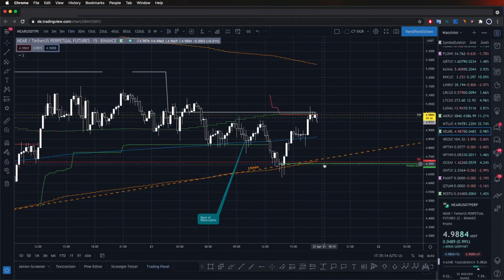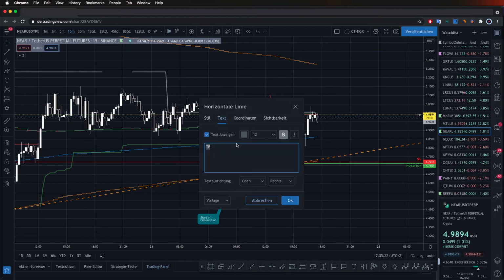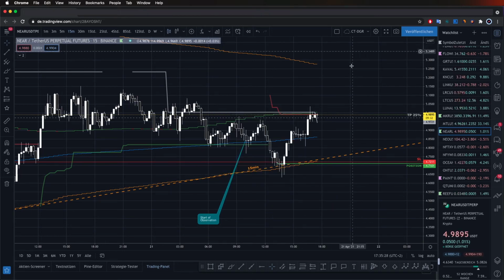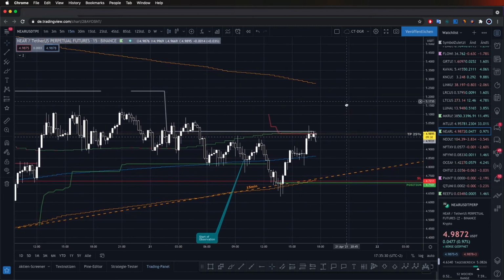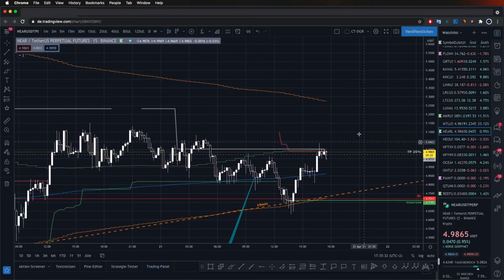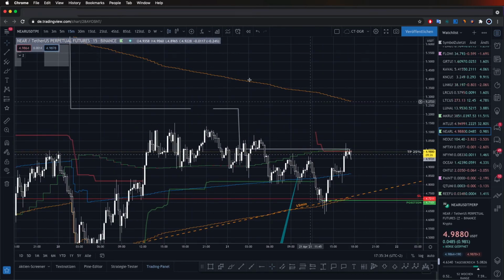Like explained before, this was a nice 55% gain. I took like 25% from my position at this point. Now my next target actually for this coin would be the 15 minutes seller line.